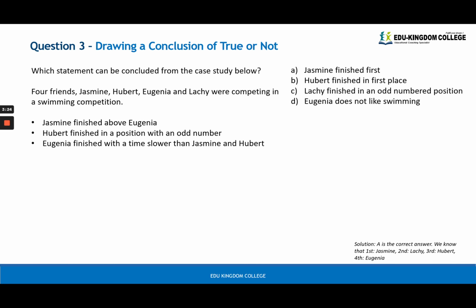Next question, we have 4 friends, Jasmine, Hubert, Eugenia, and Lockie. Jasmine finished above Eugenia. So Jasmine and Eugenia. Notice I'm leaving spaces just in case people are squished in between. And then we had Hubert finishing in an odd number. So Hubert could either be 1 or 3.